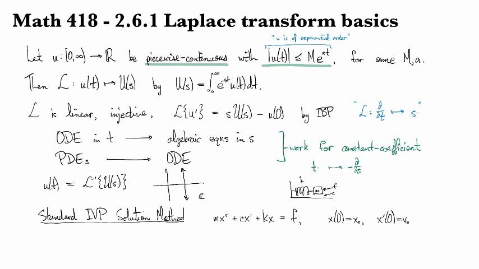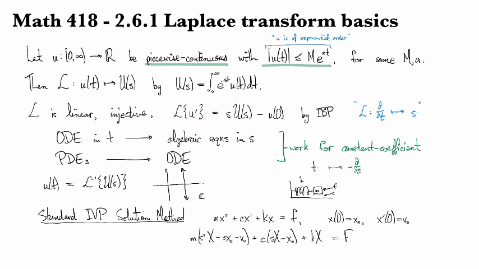Okay, so taking Laplace transforms, what happens is that x double prime becomes s squared times the Laplace transform of x, minus s times the initial condition, minus the other initial condition. And x prime becomes s x minus the initial condition. And then we have the kx.